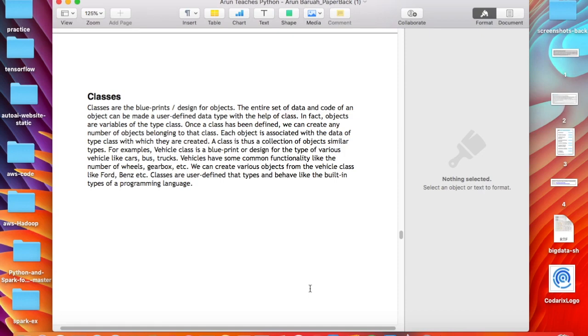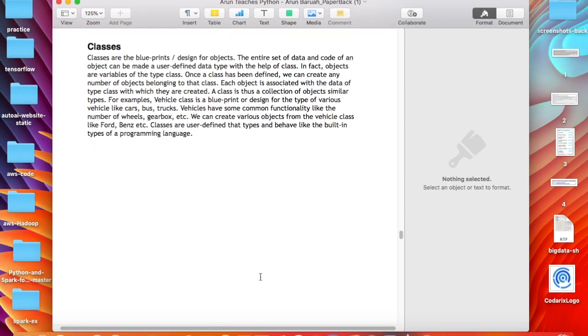And when some engineer uses that blueprint and creates the physical object, that is the building, right? So this class is nothing but a blueprint or design for an object, and when that design is physically constructed, okay, then we call it an object.